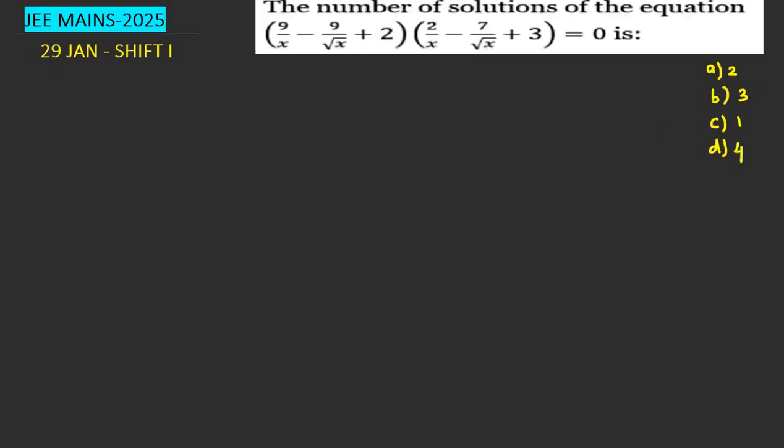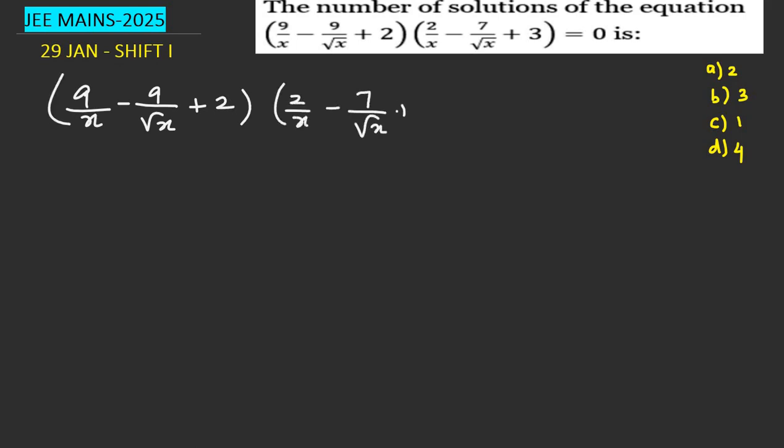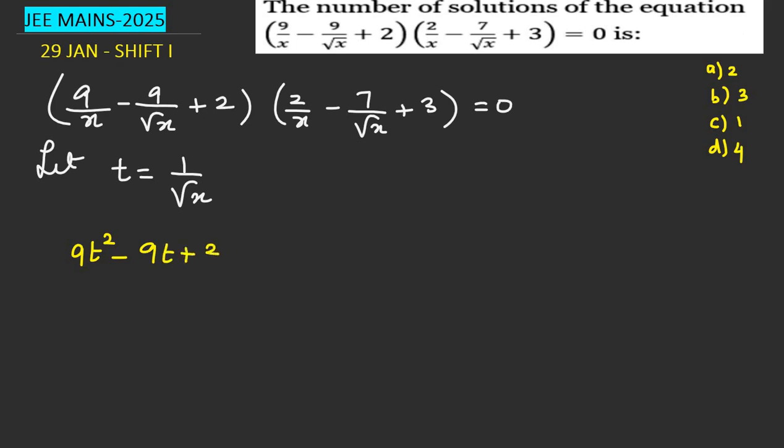The number of solutions of the given equation, that is 9 by x minus 9 by root x plus 2 into 2 by x minus 7 by root x plus 3 is equal to 0. Let us take t is equal to 1 by root x. If t is equal to 1 by root x, the given equation becomes 9t square minus 9t plus 2 into 2t square minus 7t plus 3 is equal to 0.